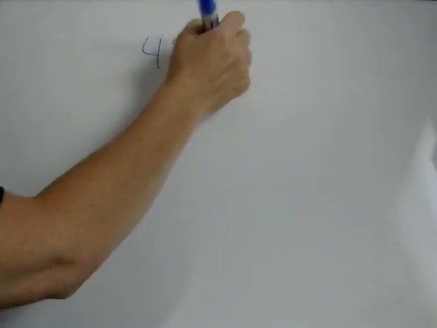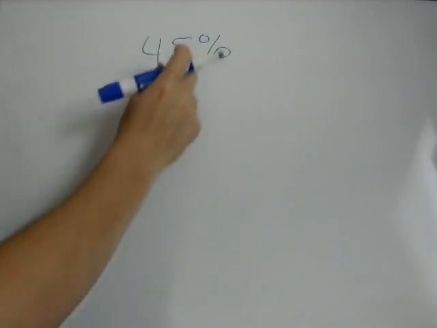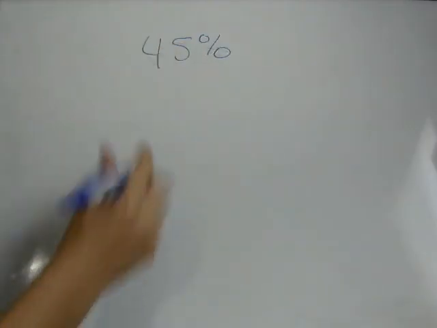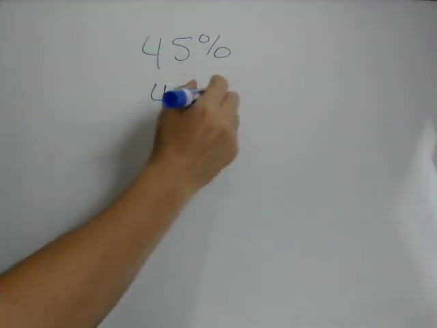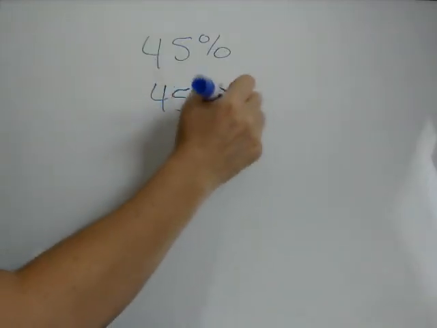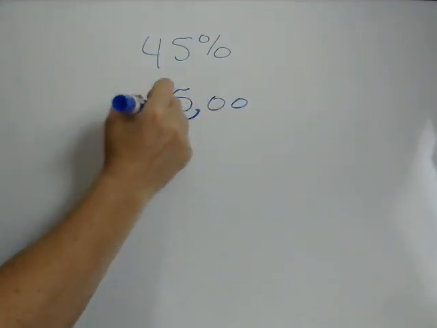Let's say we have 45% and we need to make that into a decimal. Again, if you're going from percentage to a decimal, you move the decimal point to the left 2 spots. So we have 45 with the decimal there, because again, it's really 45 decimal 00 on forever. So we move to the left 2 spots, 1, 2.